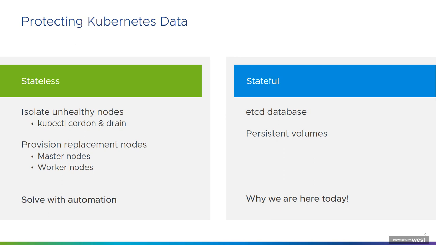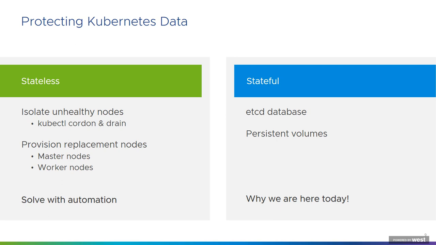And so if you have a cluster running and you have nodes that become unhealthy, there are tools through Kubernetes, through the kubectl command, to actually safely remove those nodes from the cluster. And then from there, you should be able to use your configuration management tool of choice, could be Terraform, Ansible, Chef, Puppet, et cetera, to be able to create a new node from a standard template that you have, and then to be able to reattach that to your cluster.